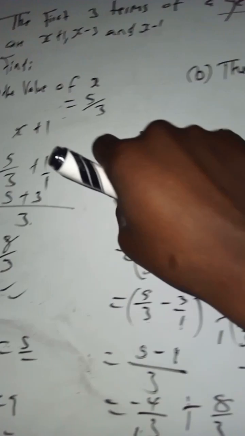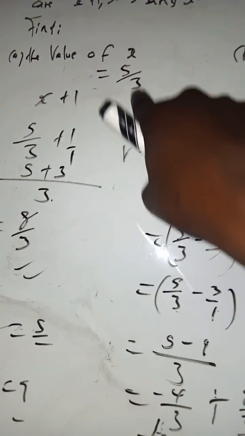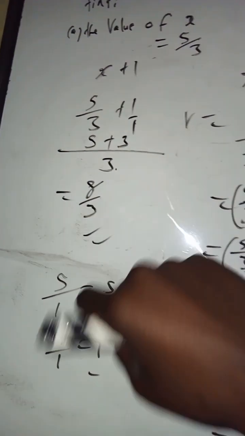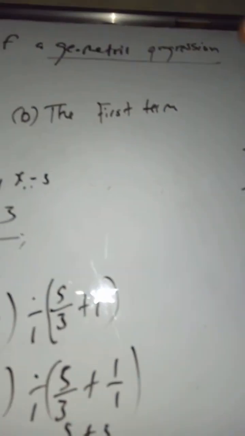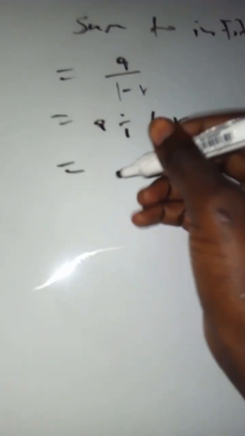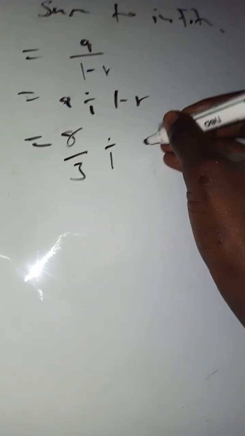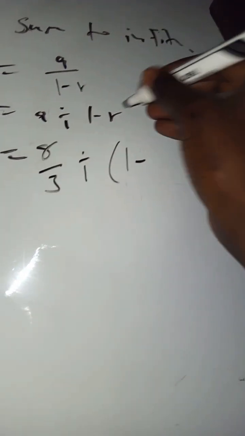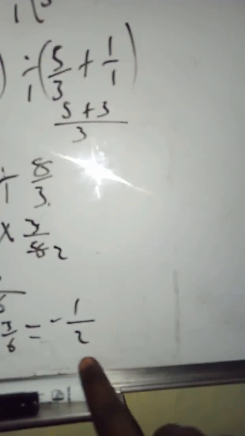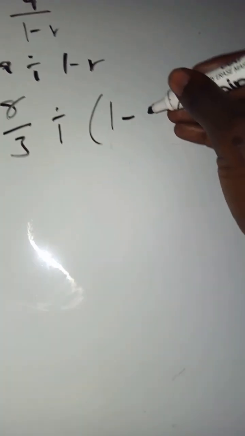What is our a? We found our a to be 5 over 3. No, that's x. Our a is 8 over 3. Okay, that is the first term that we found. So here we have a, which is 8 over 3 dividing by 1 minus, what is our r? Our r is negative half, right? So we have negative half like that.